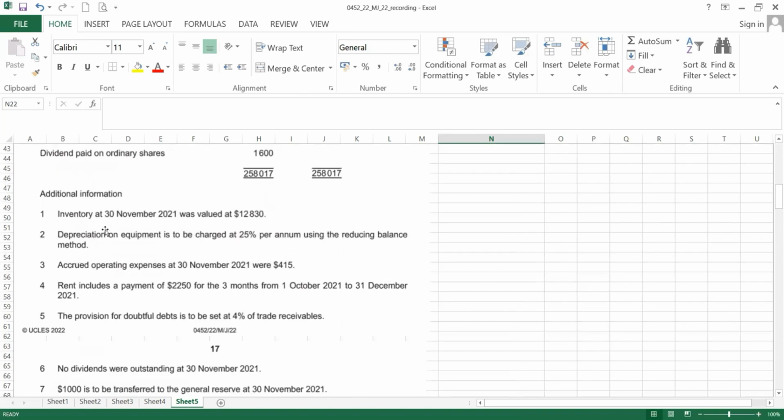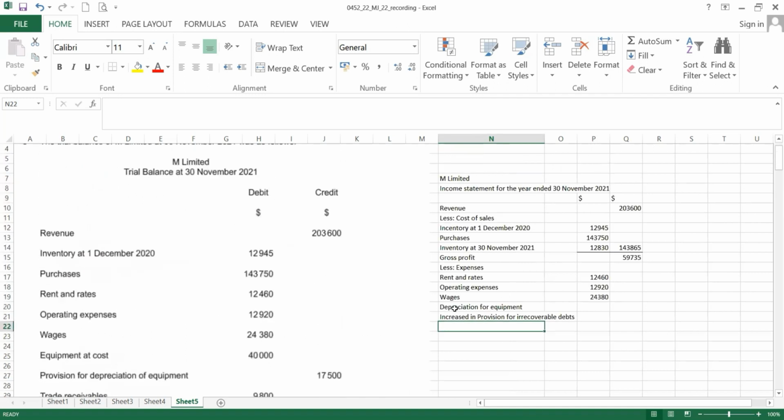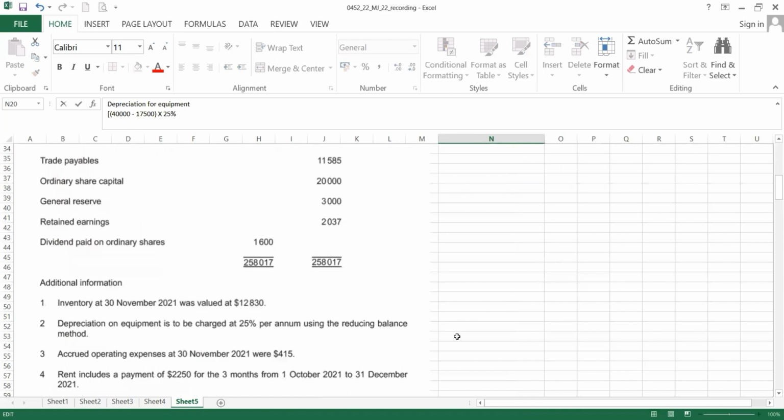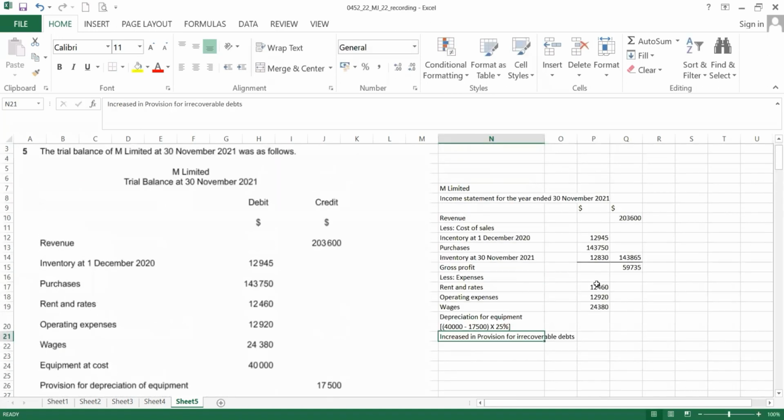Now we see the information. Depreciation on equipment is to be charged at 25% using the reducing balance method. So for the depreciation charge, take 40,000 minus 17,500 times 25%. So this is a working, so we calculate first.